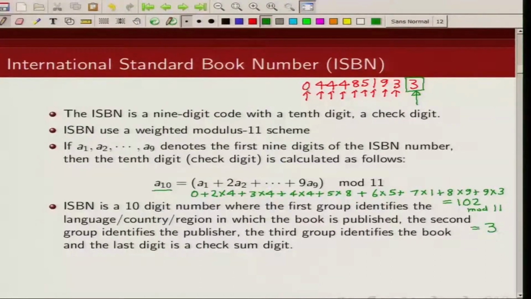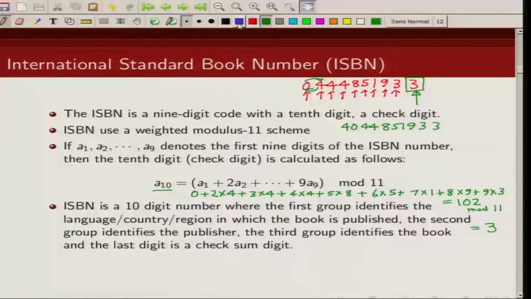So, for example, this is 044485193. If it is read like 4044851933, that means these two digits are changed. This is a transposition error. Then this particular code can detect such errors.